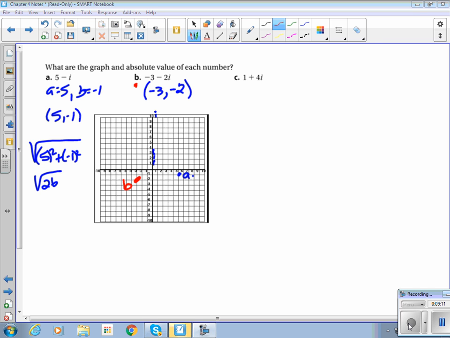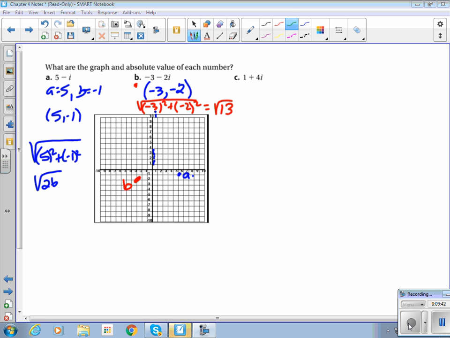And then the absolute value of that guy is the square root of -3 squared plus -2 squared. -3 squared is 9, plus -2 squared is 4. 9 plus 4 is root 13. Are you able to plug that into your calculator to find the approximate value? I would hope so. If you cannot, please let me know right away. I'm happy to help you with that.